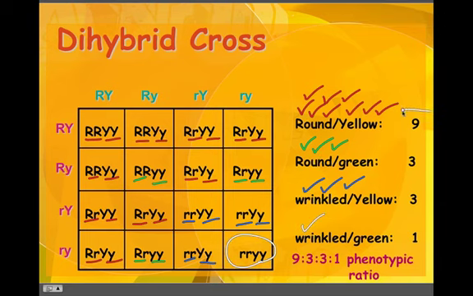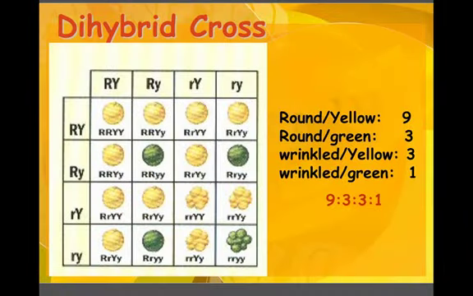So that's how we end up with our 9 to 3 to 3 to 1 phenotypic ratio. And remember, phenotype is what it looks like. And that concludes dihybrid crosses.